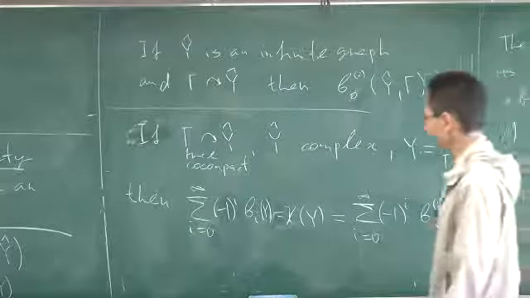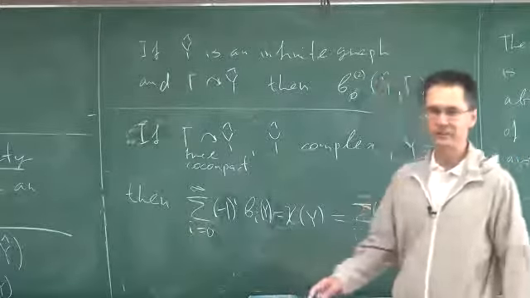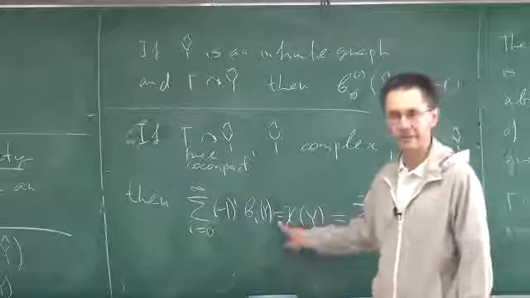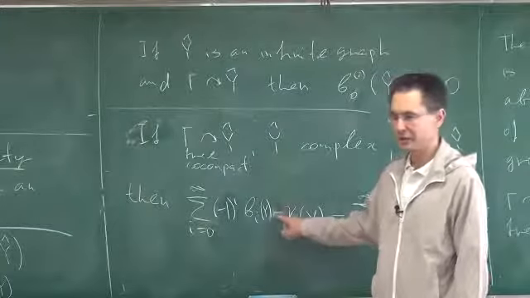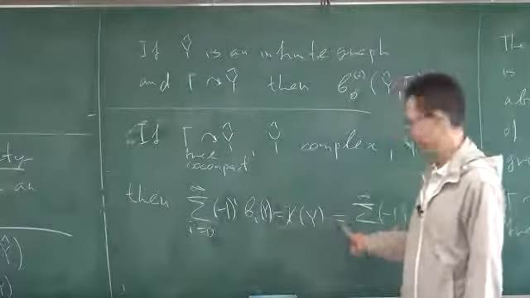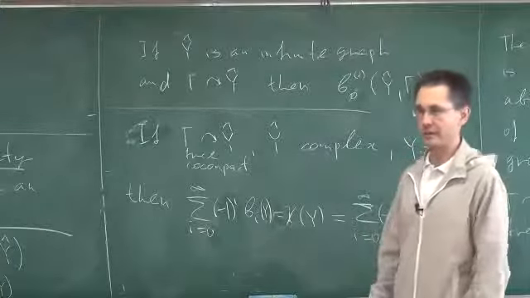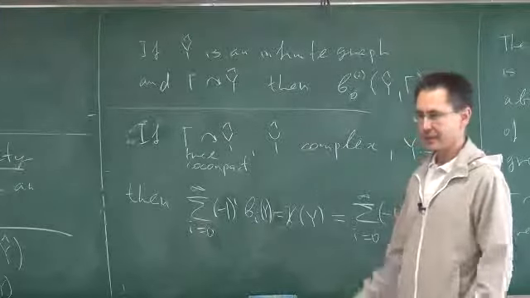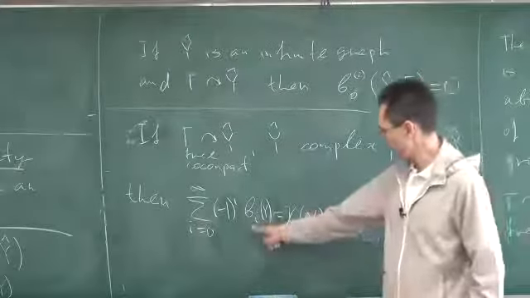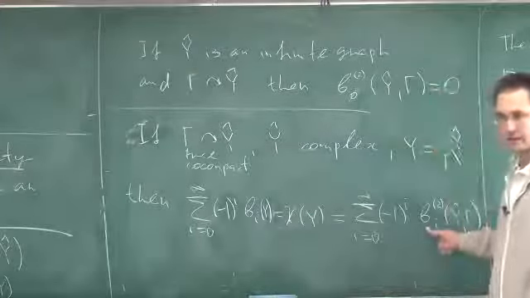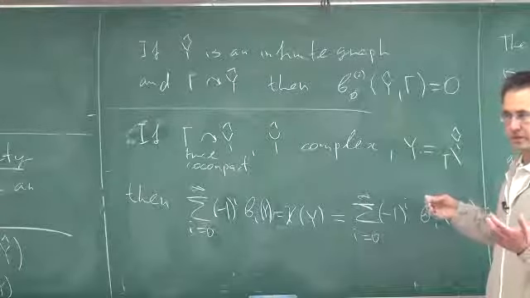How do you prove this? Maybe I should leave it as an exercise. Prove this equality first, and once you have seen this equality, then you know how to prove this one. You exactly repeat the argument one by one. It does not mean that, say, B naught here is equal to B naught here. They are different.